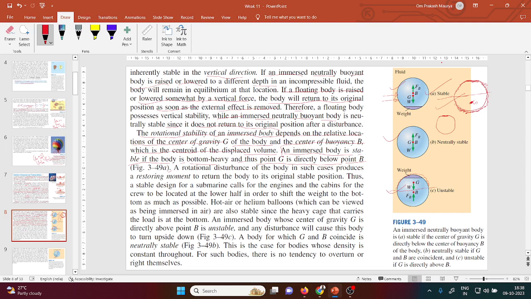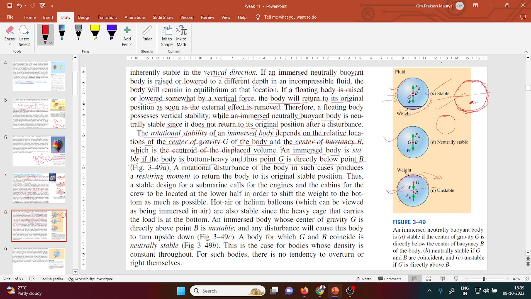Your weight on the below side is more, so there is no chance to rotate this body. If your weight is on the upper side, what will happen? There is more chance of rotation of your body in this direction or in this direction. But in this case there is no chance of rotation.